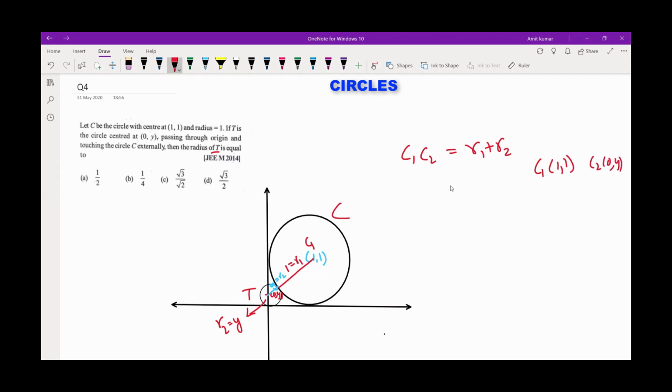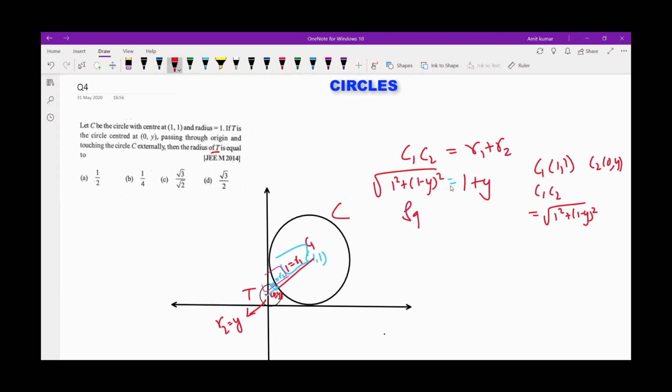The distance between C1 and C2 by the distance formula is the square root of (1 minus 0) whole square, 1 square, plus (1 minus y) whole square. R1 is 1 and R2 is y.